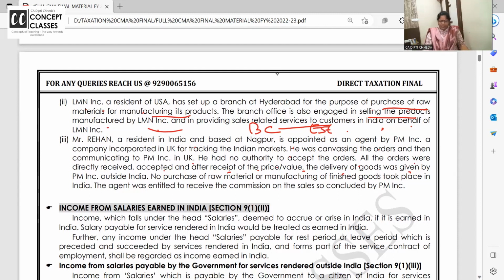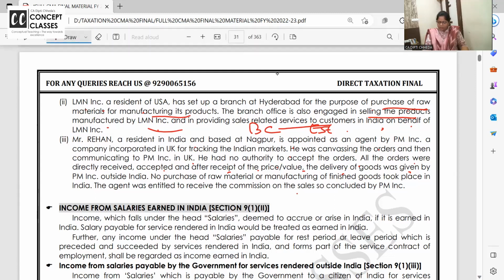So this time the Indian resident is not doing any special work. He's just helping out the foreign company और वो लोग ही direct कर रहे हैं. No purchase of raw material or any manufacturing takes place in India. He is entitled to receive commission on sales, so concluded.